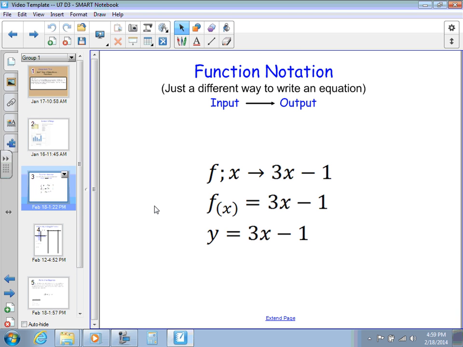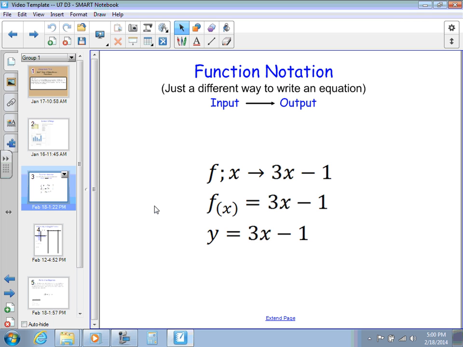Okay, moving on. Function notation is really just a different way to write an equation. And the point to function notation is to focus on that there's an input and an output, a domain and a range.